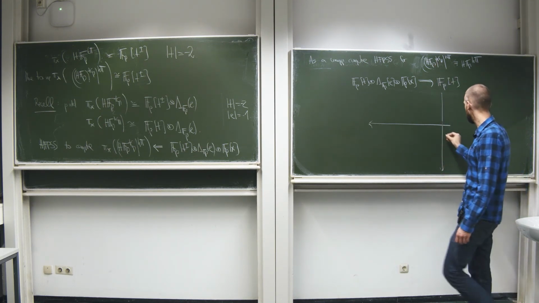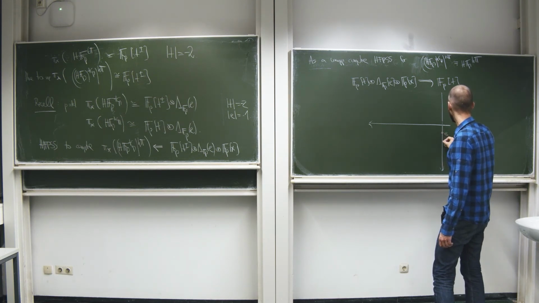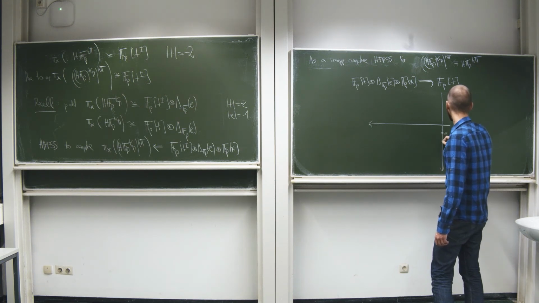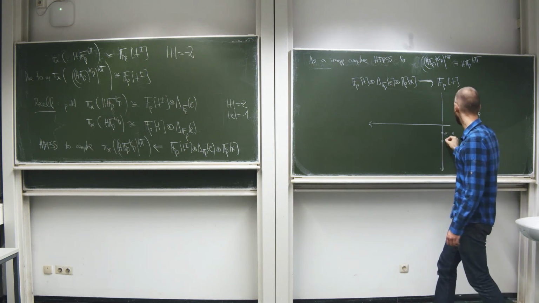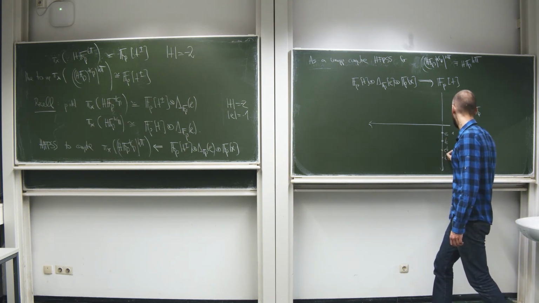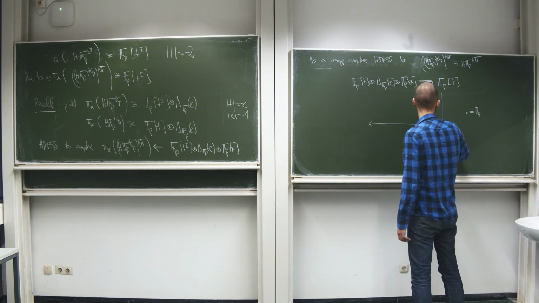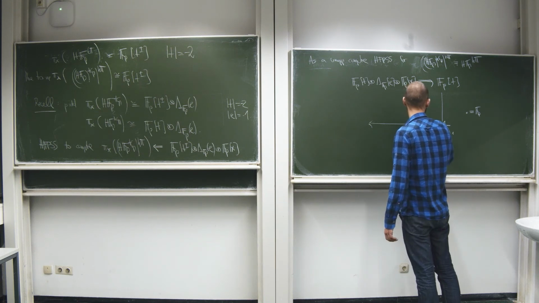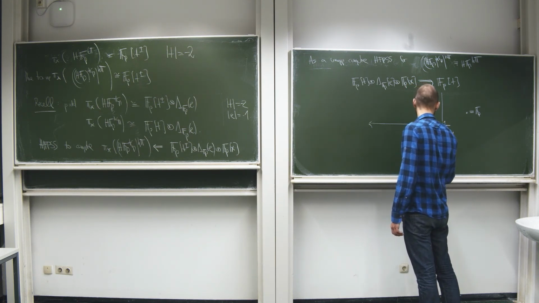So I have my E, this is 1. Every dot is going to be an FP. So I have my E, I have my T, then ET, T squared, and so on. Then I have my X here in degree 2. So this is 1. Here I have X, XE, XT, XET, and so on.